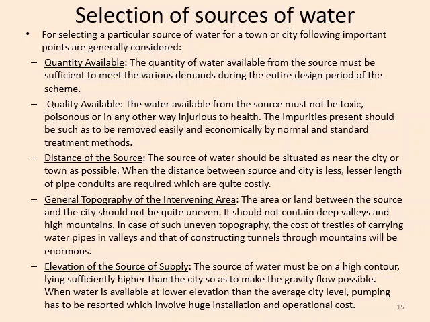The quantity of water available from the source must be sufficient to meet the various demands during the entire design period of the scheme. It means, suppose we have to design an intake structure or a treatment plant for 30 or 40 years.